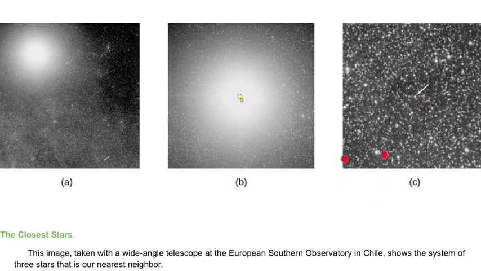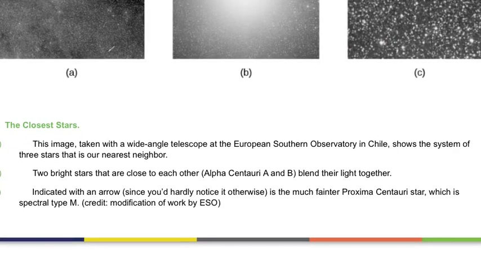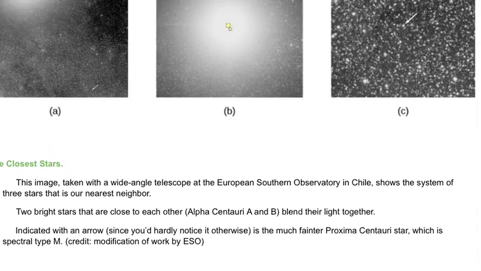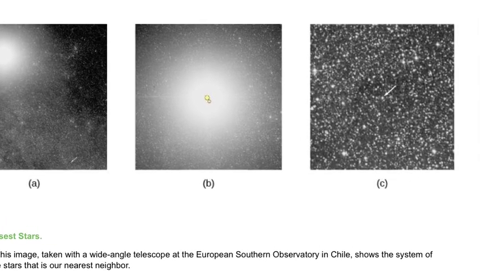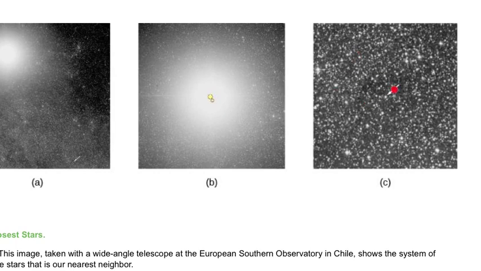I think it's an M-type star. Yeah, it's an M-type star. And so it's very dim. And those stars you're seeing throughout this picture here on the right are all stars that are farther away. Right there is Proxima Centauri, and they had to expose enough light because it's so dim that all the background stars showed up also.